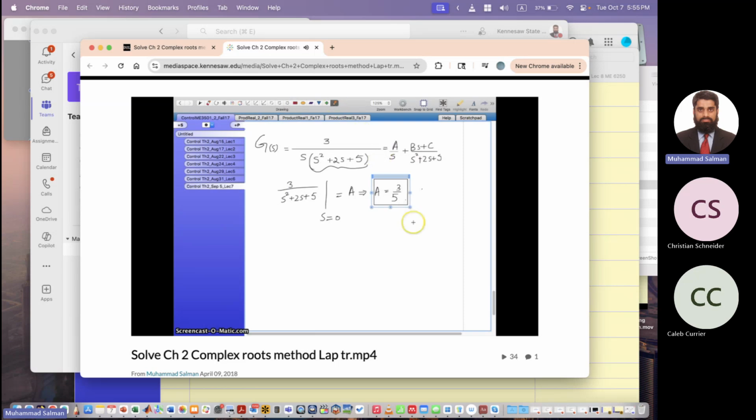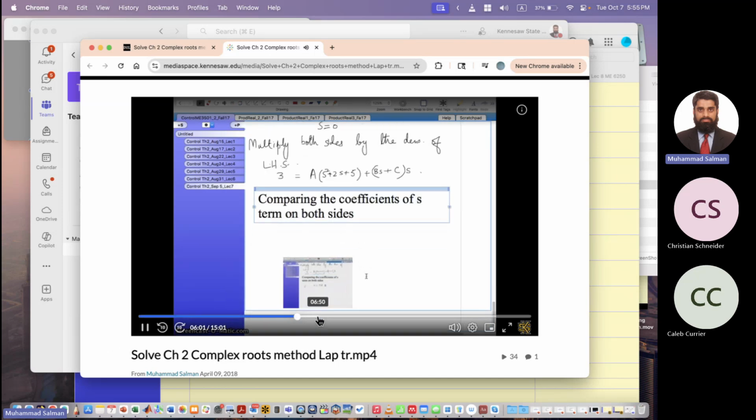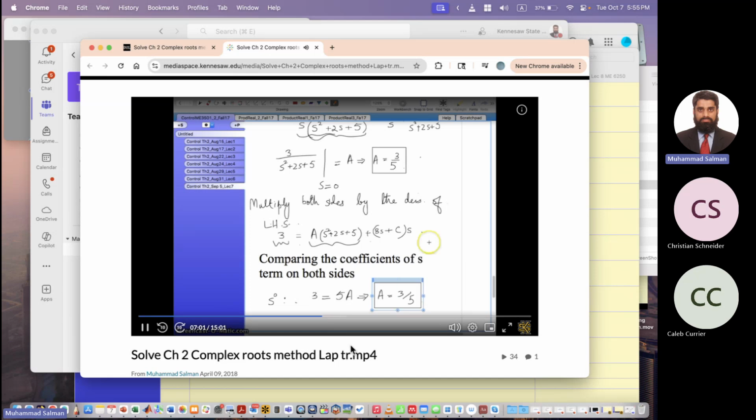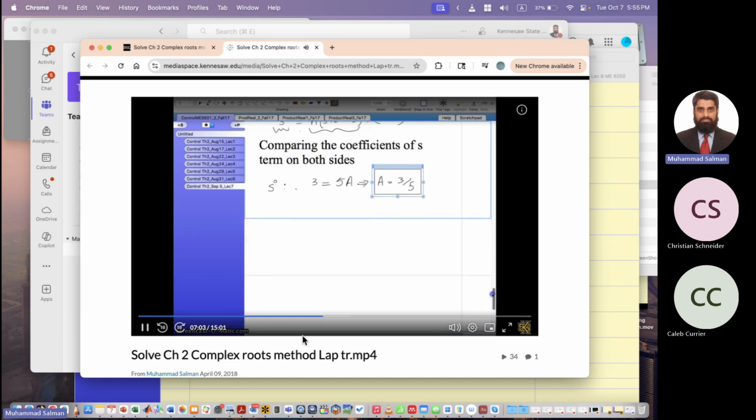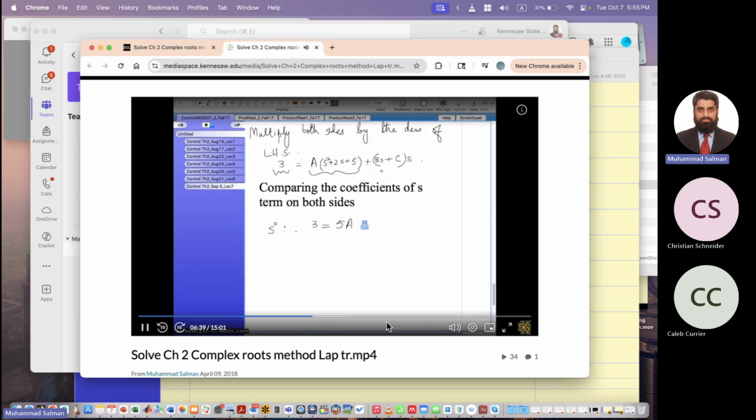In order to find coefficients B and C, we have to use a certain method. You have to multiply both sides by the denominator of the left hand side. Try to understand. Multiply both sides. So let me write this down: B plus C. Do you see s on the left hand side?